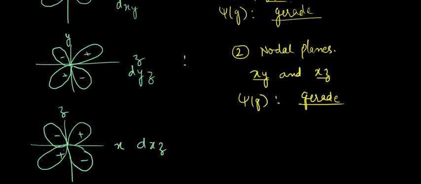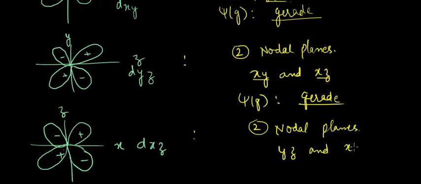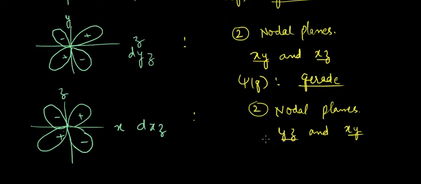Again it would have two nodal planes, which are nothing but yz and xy. Why? Because the plane orthogonal to the x and z planes would be the y plane. So again it would be gerade.